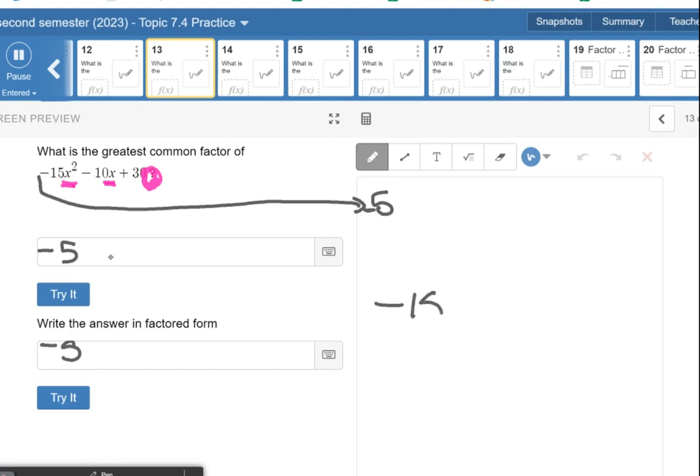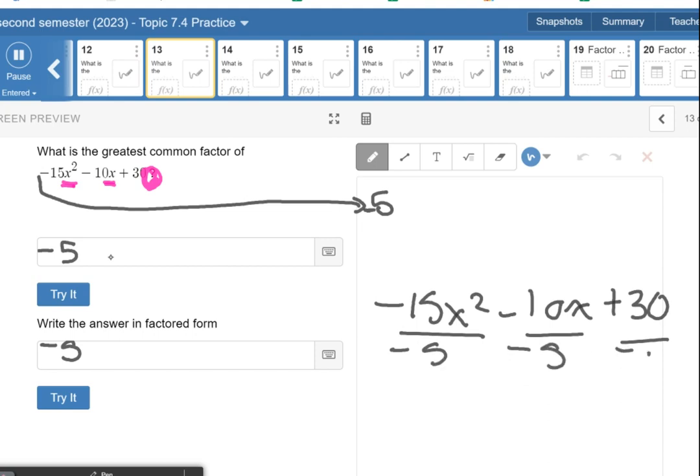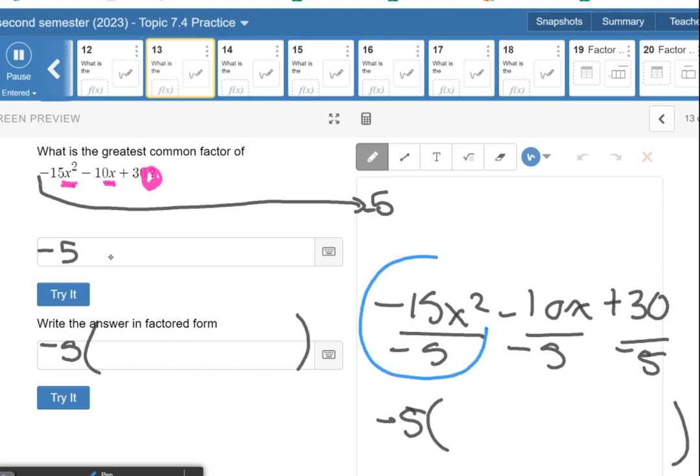Now if I wrote down the trinomial, this is the work that I need to see. My GCF is just negative 5. Now I look at the term. Negative 15 divided by negative 5 is a positive 3.